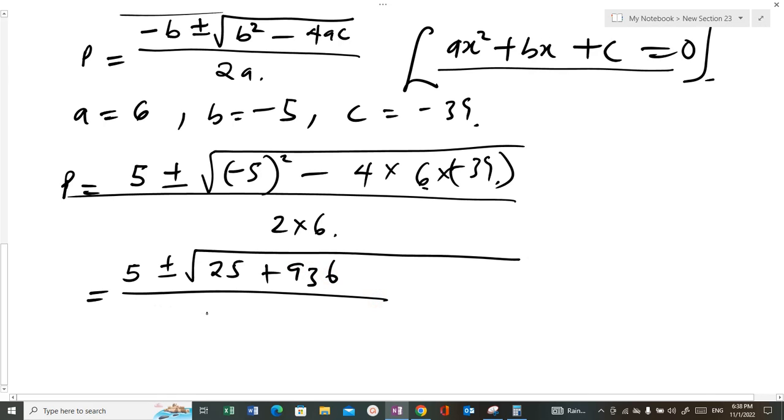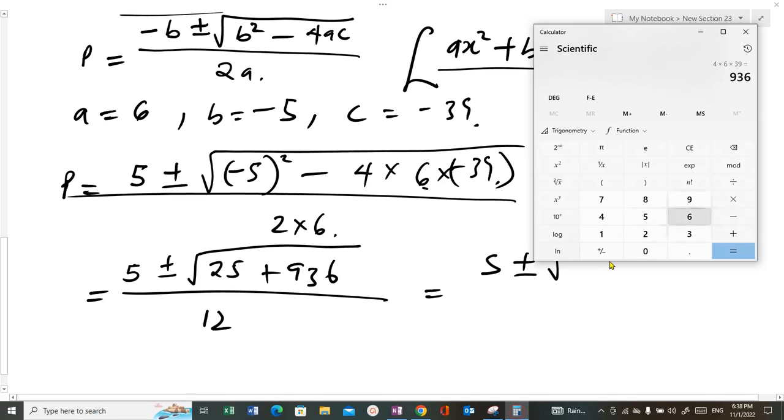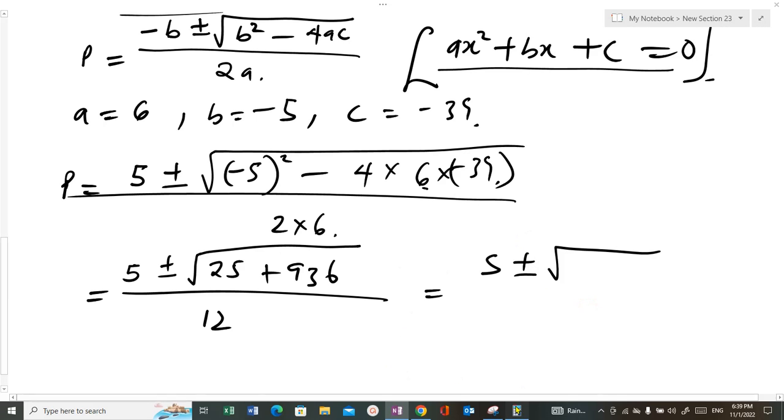Now let me add 25 to this value. It will give us 961, divided by 12.